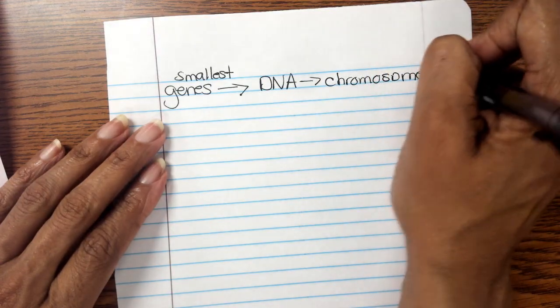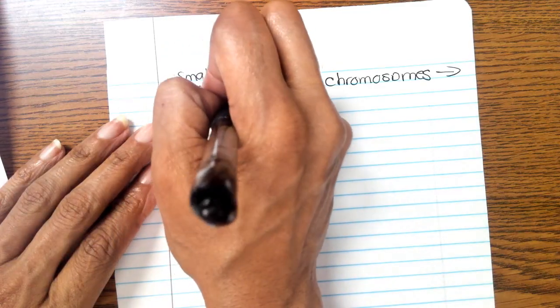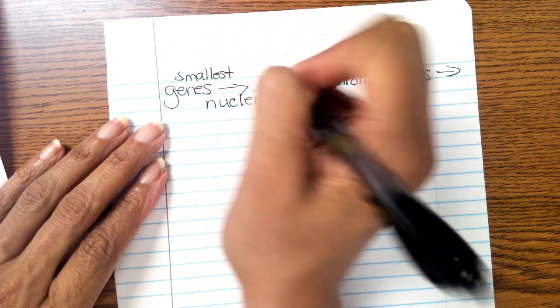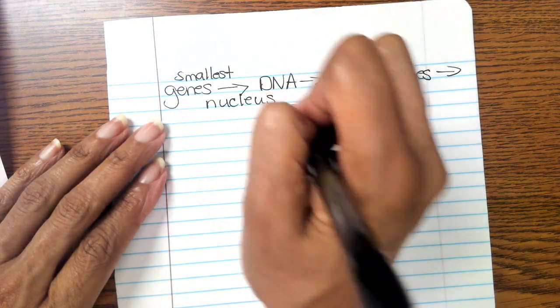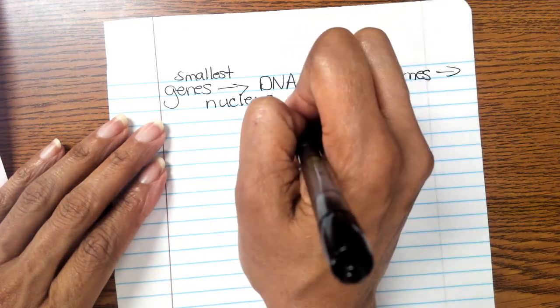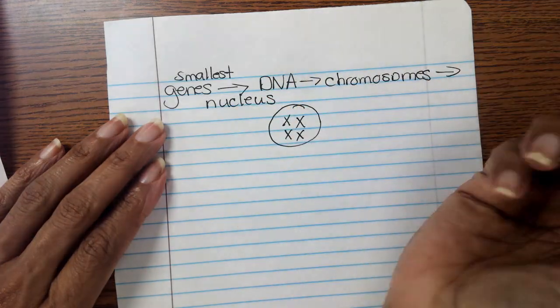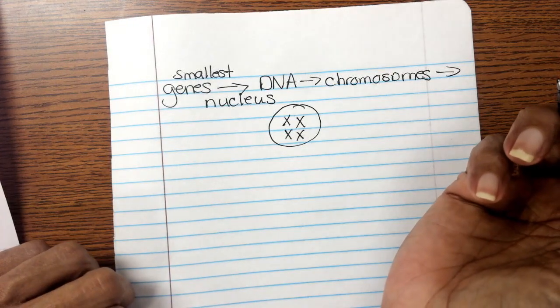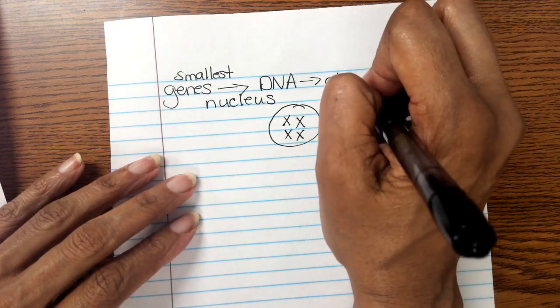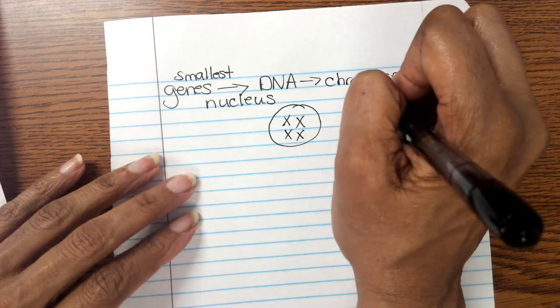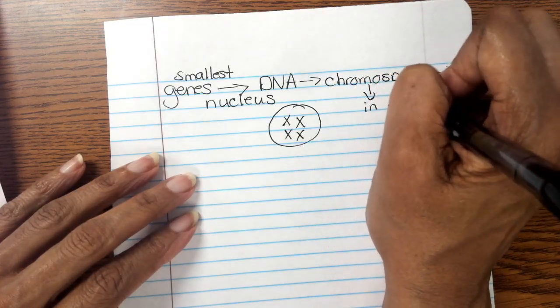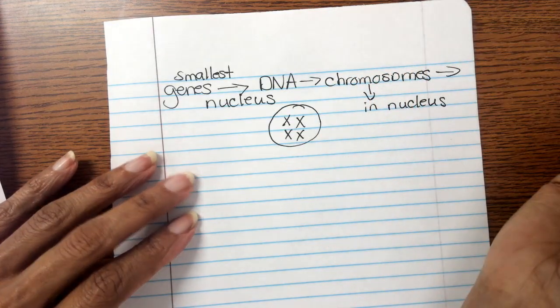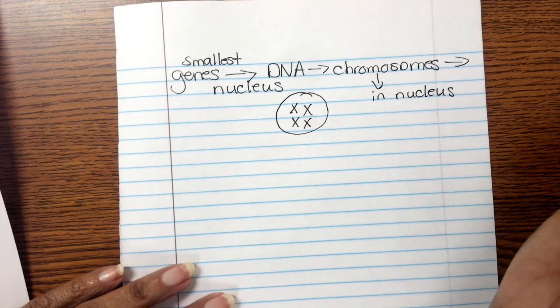And chromosomes are in the nucleus of a cell. So if you have your nucleus, these would be the chromosomes. They're usually represented by little X's. Okay? So chromosomes are in the nucleus. I'm just pointing that out because I think there's a question on your test that asks that.